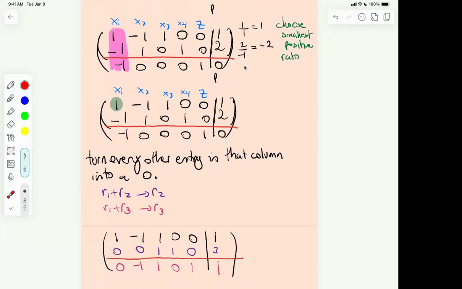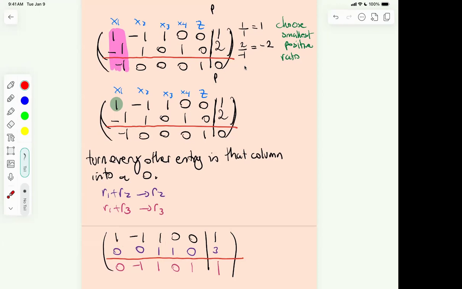And now in this operation, x1 became a basic variable and x4 continues to be a basic variable. So you swap x1 with x3 basically. That's what's going on behind closed doors, but you don't have to be super aware of it to solve the method. It's only at the very end that you reuse that.